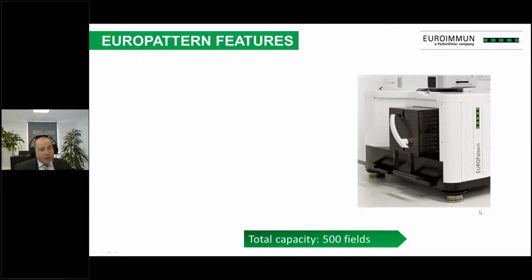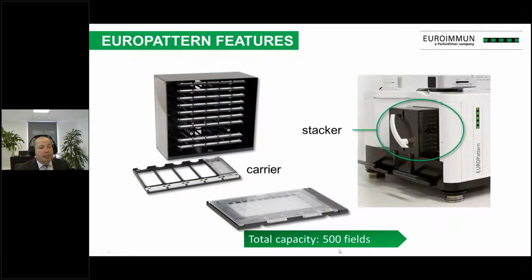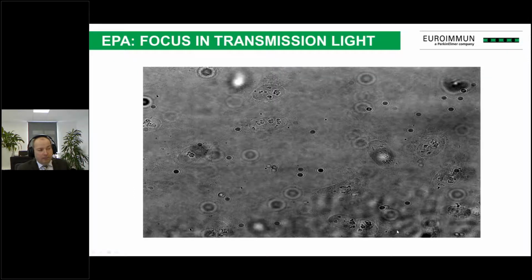A very big key feature for this system is total capacity. You see here a stacker with a place for up to 500 fields, and you can put two kinds of different slides inside, up to 10 field slides and up to 50 field slides, like here. Also very important, our focusing in EUROPattern microscope 1.5 is in transmission light.